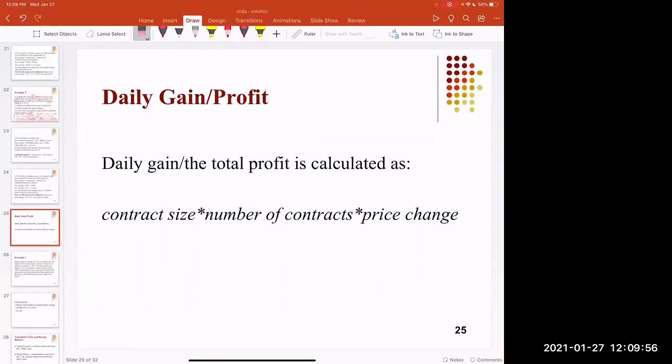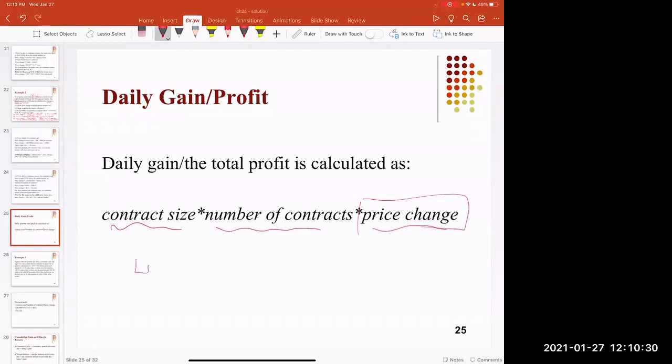So this formula is for daily gain and the total profits. We're going to use that for the margin balance table. You need to find out the daily gain for each day, or say the total profits. It's calculated by contract size, number of contracts, and the price change. The price change is a little bit tricky.